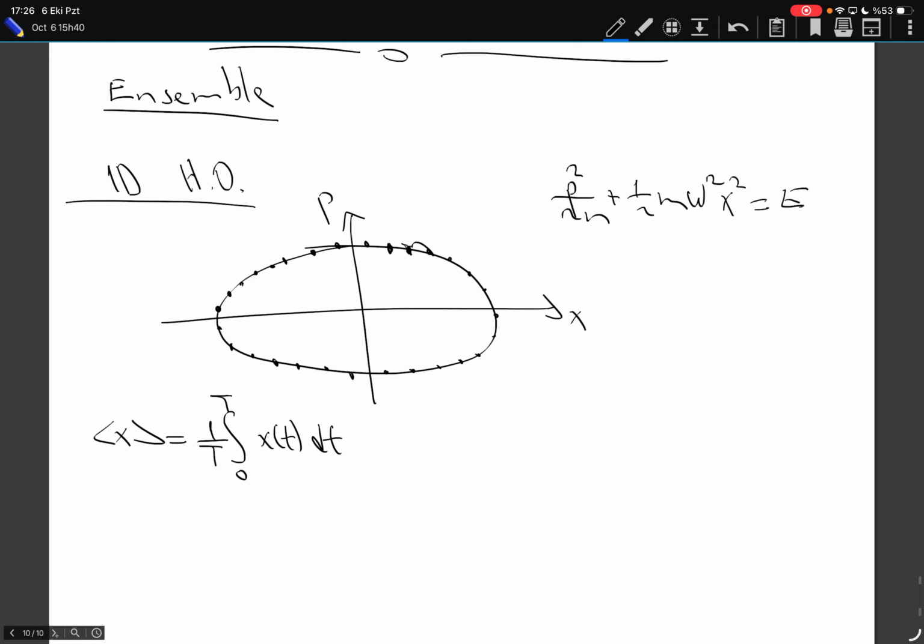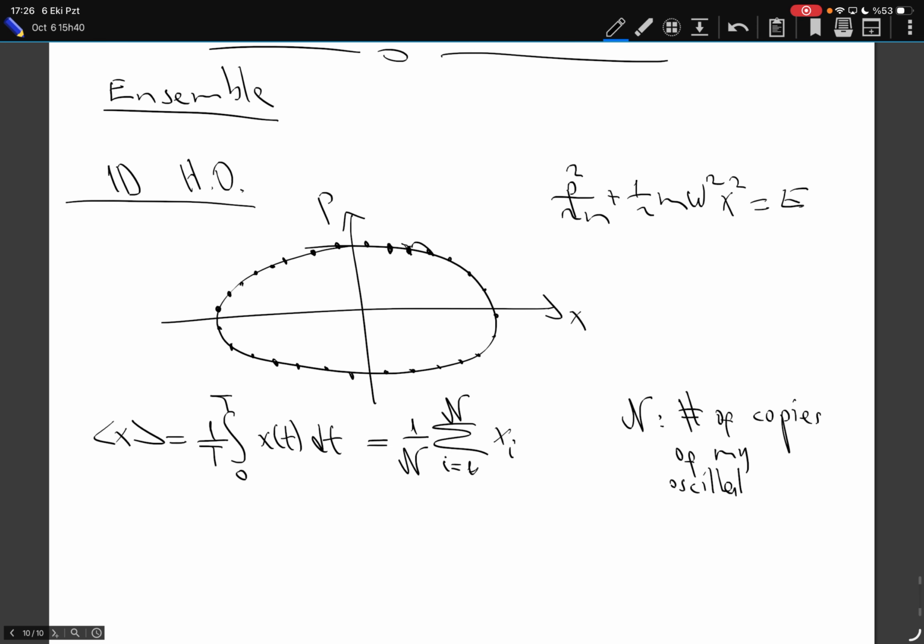My claim is that this will be the same thing as the sum over i of xi divided by n, where n is the number of copies and xi is the position of the ith oscillator.